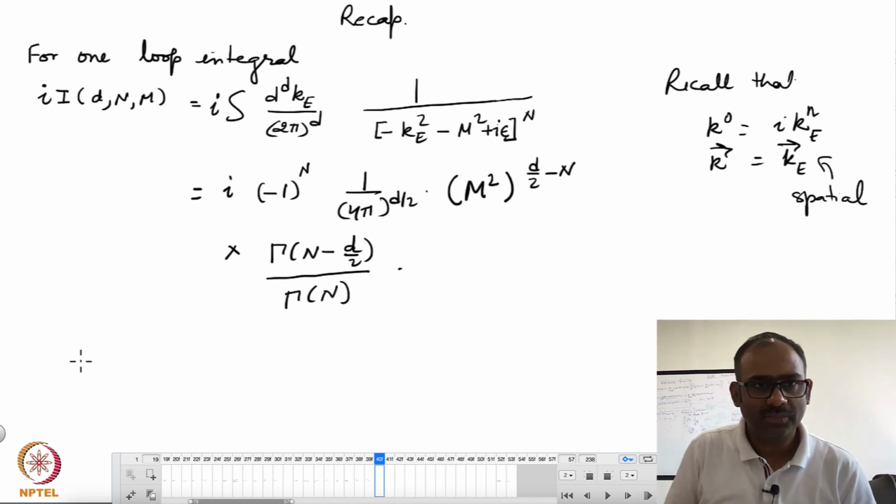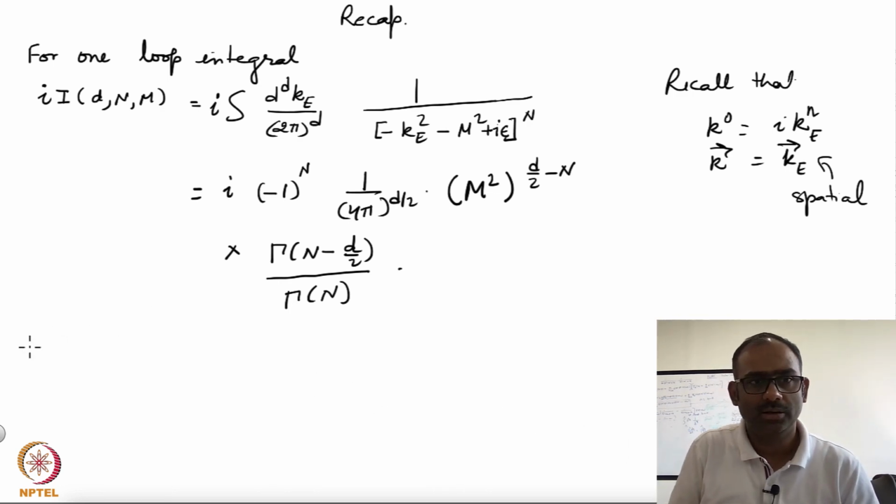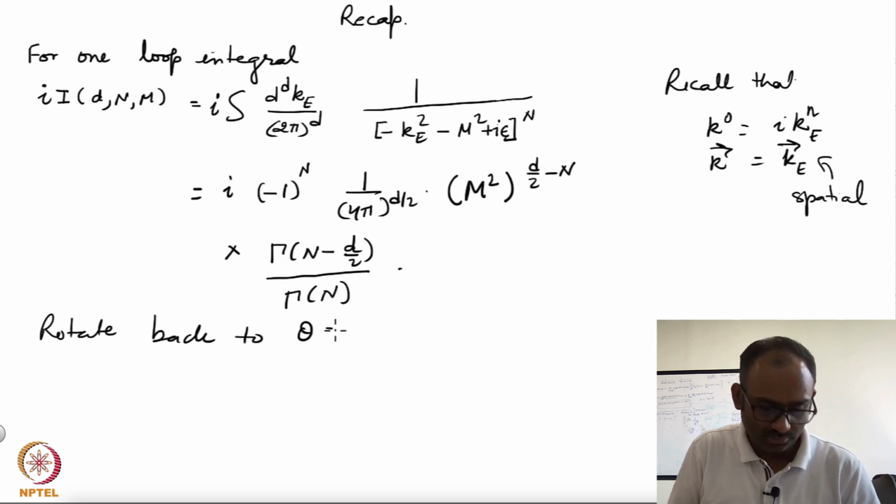Okay. So, rotate back to theta equal to 0. So, what will happen? i d^d k Euclidean, okay, there is only one factor of i because only one of the components was the time component, of the d components.